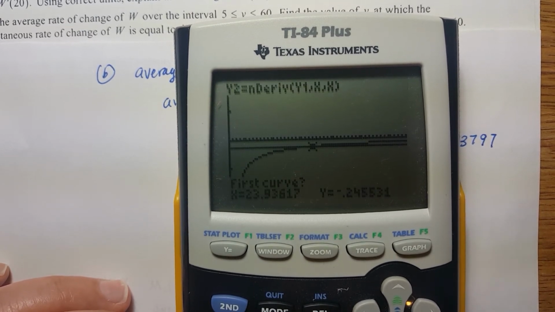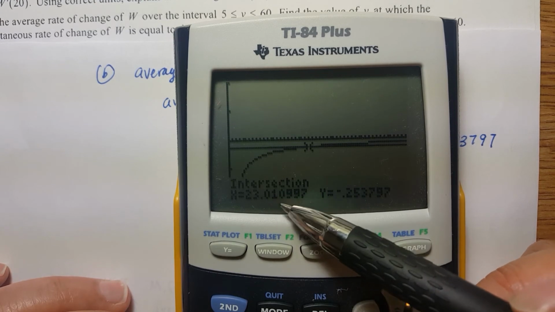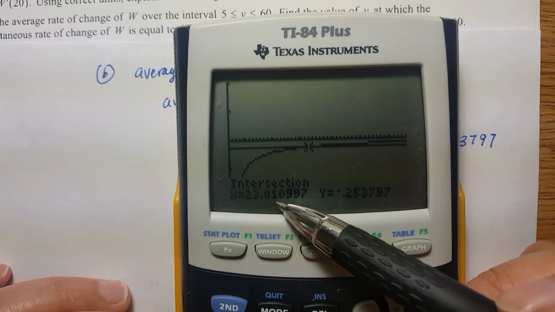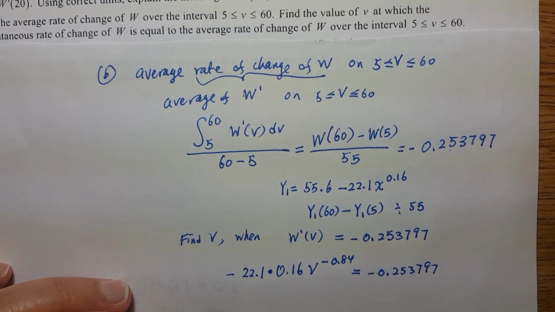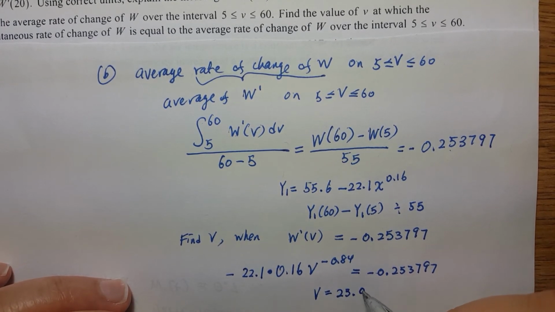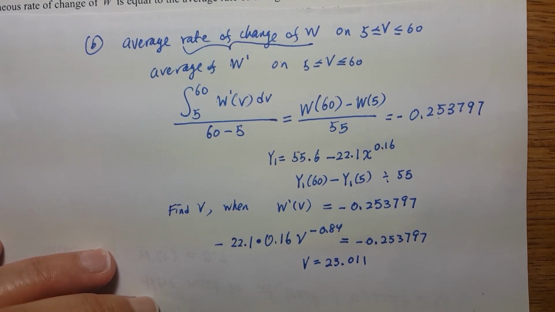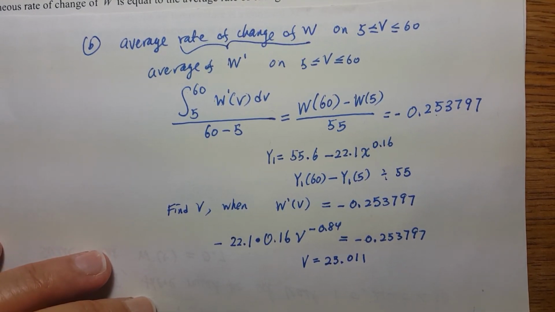And then you're going to do first curve, second curve, and guess. And then you will see 23.0109, so 23.011. So we got V, which means X, equals 23.011. So we found our V, that is the point of intersection. So we finished question number 2B.